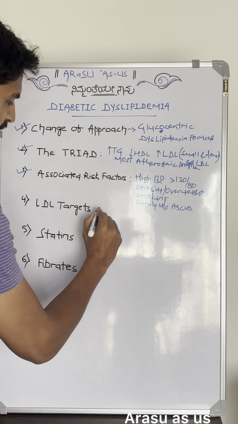Or diabetes plus any one or more of these risk factors, but the age of the patient is from 40 to 75 years. So if it is a diabetic patient of 40 to 75 years, which we commonly encounter in OPDs and admitted cases, plus any one of these risk factors is associated, always consider high intensity statin, that is atorva 40 to 80 mg or rosuvastatin 20 to 40 mg. So this is about high intensity statin usage.